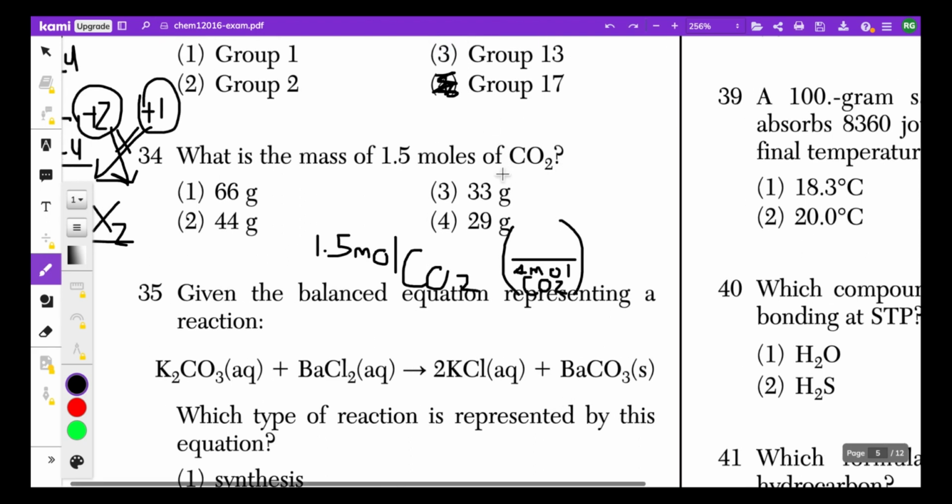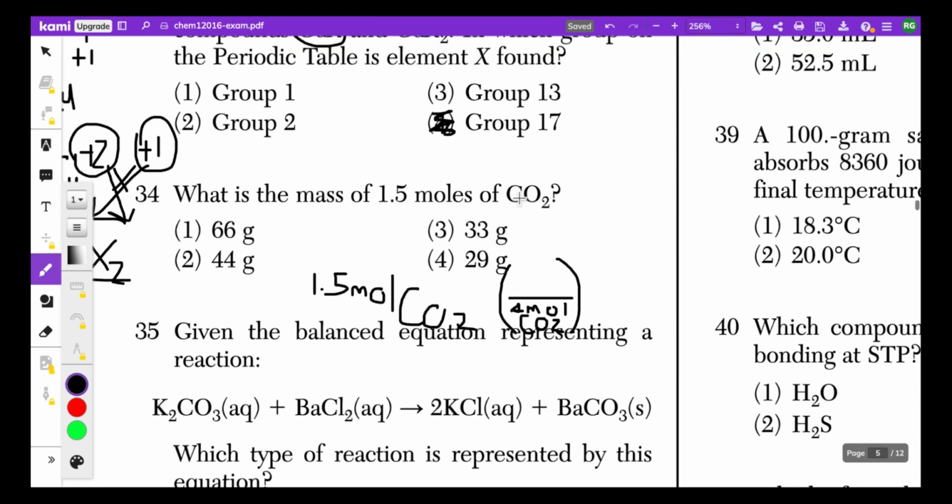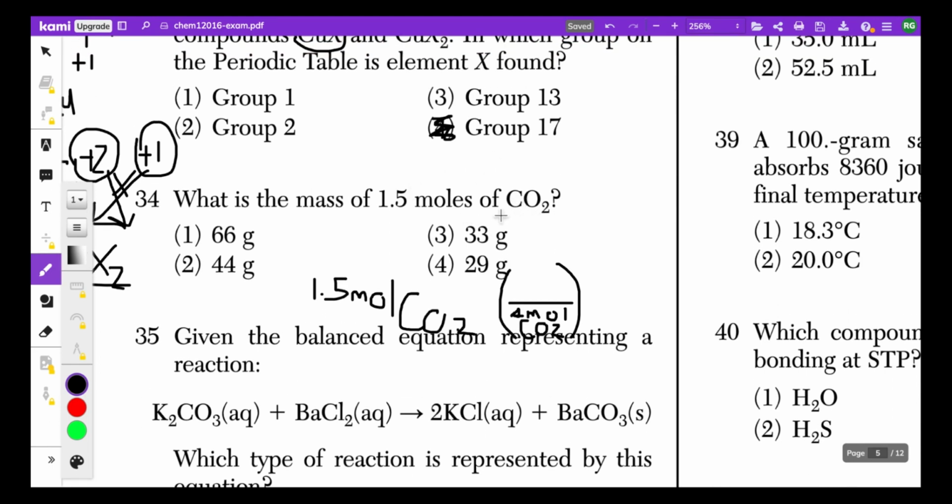The molar mass of a compound, in this case, is just how many grams of CO2 you have for every 1 mole. So for every 1 mole of CO2, how much does it weigh in grams?